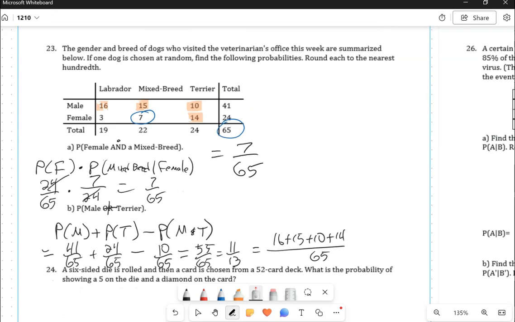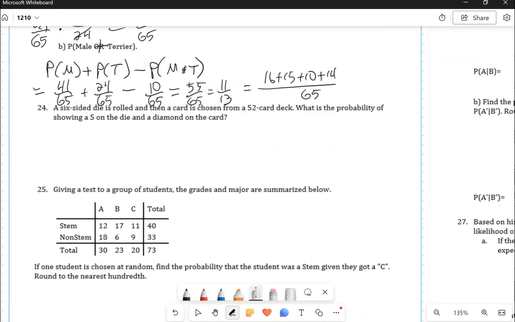Number 24. A 6-sided die is rolled and then a card is chosen. What is the probability of showing a 5 on the die and a diamond? Now, and is multiplication. A 5 on the die. One of those numbers is a 5. There are 6 total numbers because they told us it was a 6-sided die. Times a diamond.